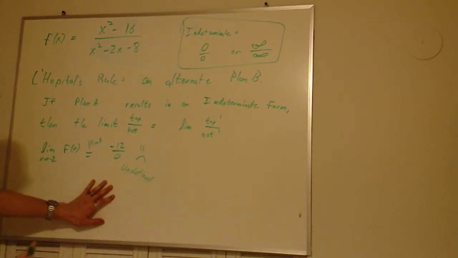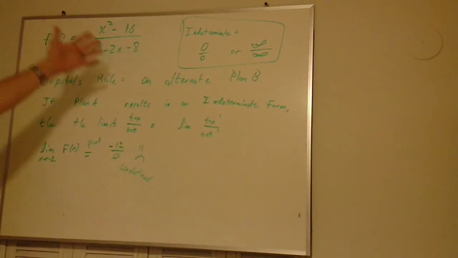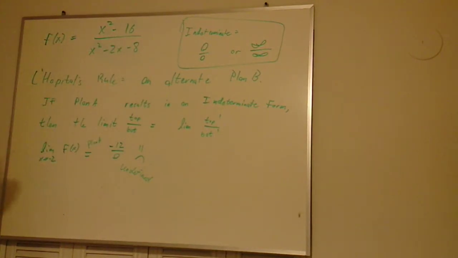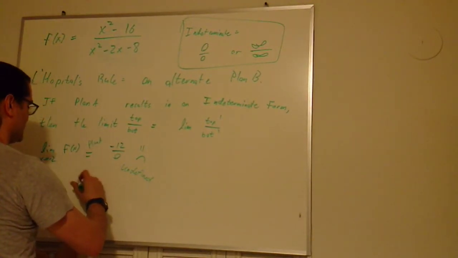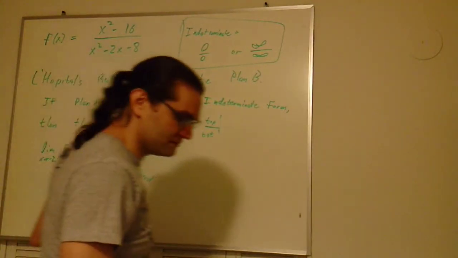There's nothing we can do with this. We can go to the original plan B, where we factor it and cancel things and try to simplify. But L'Hopital's plan B cannot be applied. Either way, we're still going to end up in plan C. The limit does not exist.